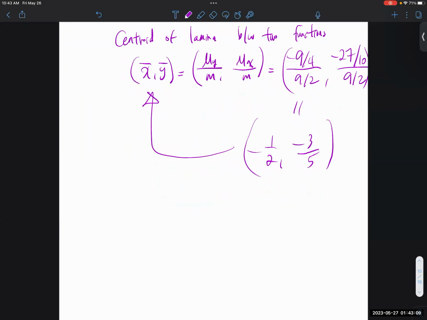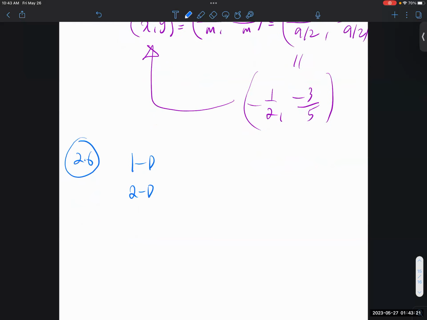Okay. So we finished 2.5 here, 2.6 actually. Check all the different formulas: one-dimensional centroid, simple two-dimensional centroid, and the two-dimensional lamina shape centroid with one function.